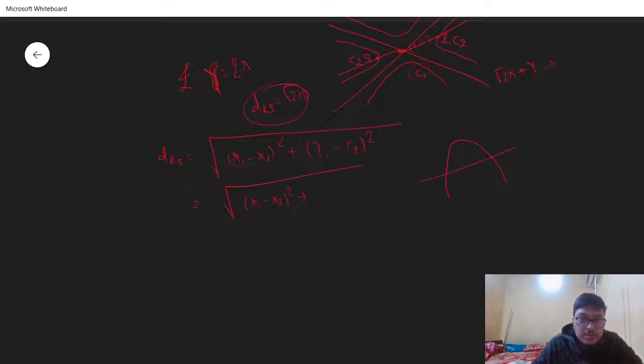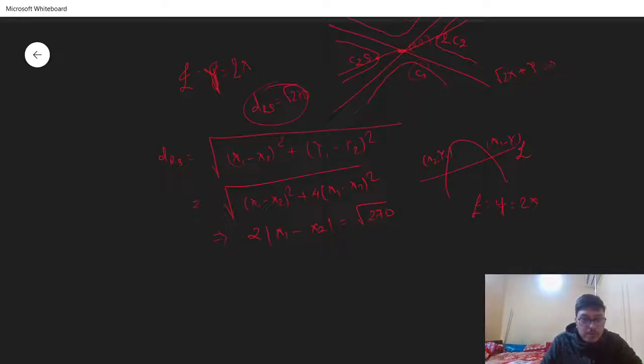Suppose this is a curve and this is x1 y1, x2 y2, and this is the line L. Since L is y equals 2x, it will be 4 times x1 minus x2 square, plus x1 minus x2 square, that is root 5 modulus of x1 minus x2, equals under root 270.